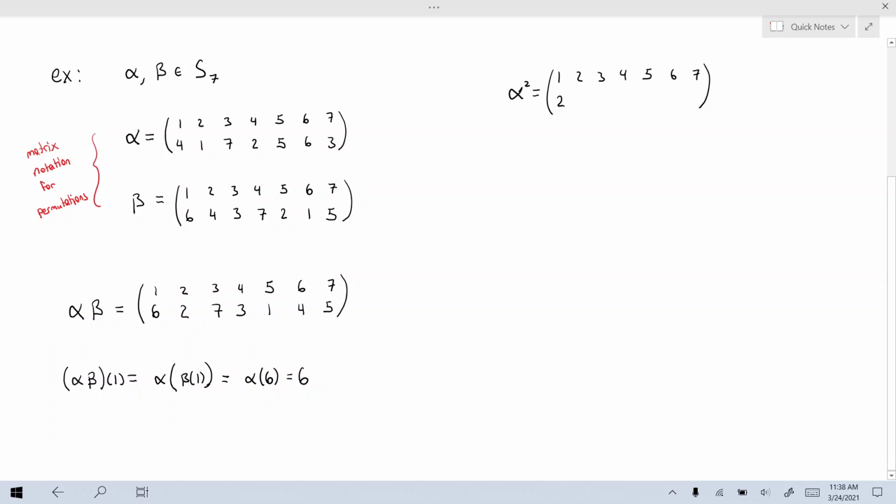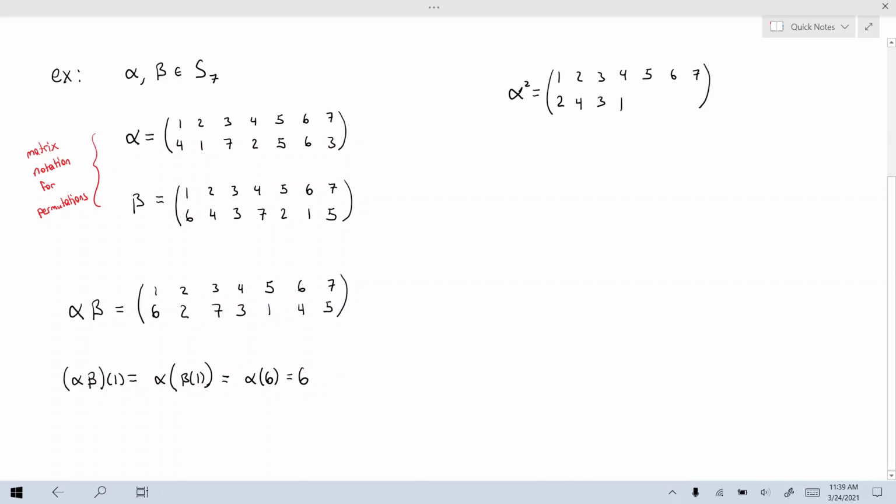Now for alpha squared of 2, the first alpha maps 2 to 1, and then the second alpha maps 1 to 4. Okay. Alpha squared of 3, so the first alpha maps 3 to 7, and the second alpha maps 7 to 3. Okay. Alpha squared of 4, so alpha of 4 is 2, and then alpha of 2 is 1.